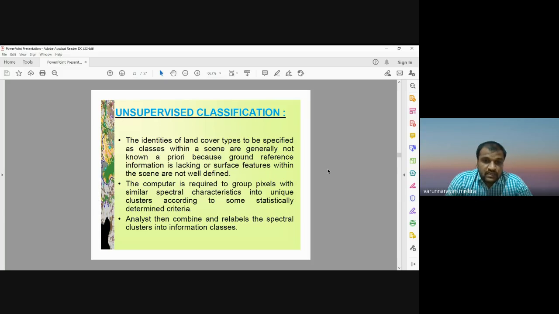The computer is required to group pixels of the same type with similar spectral response into unique classes according to some statistical criteria. Then analysts relabel the spectral clusters into information classes. This is all about unsupervised classification.